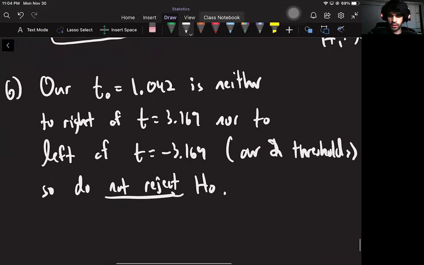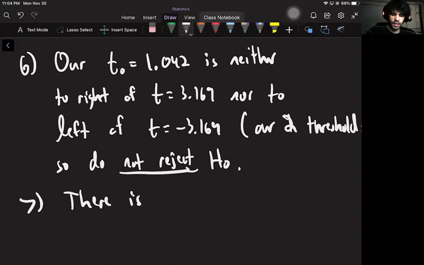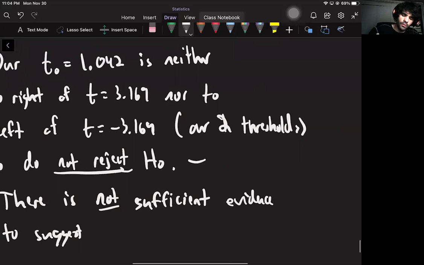But that really doesn't change our world so much. All that happens now is that in our conclusion we say that there is not enough evidence, sufficient evidence, to suggest that the alternative hypothesis is true.